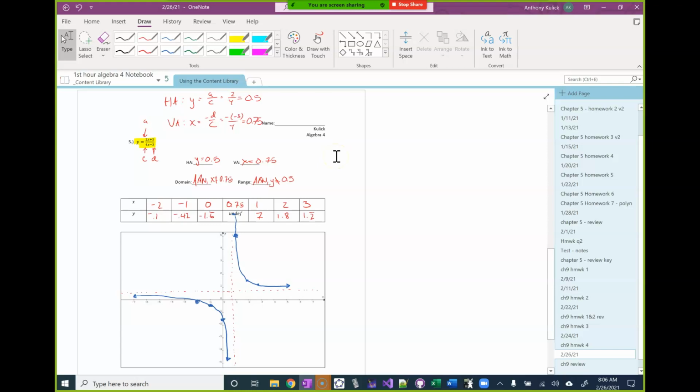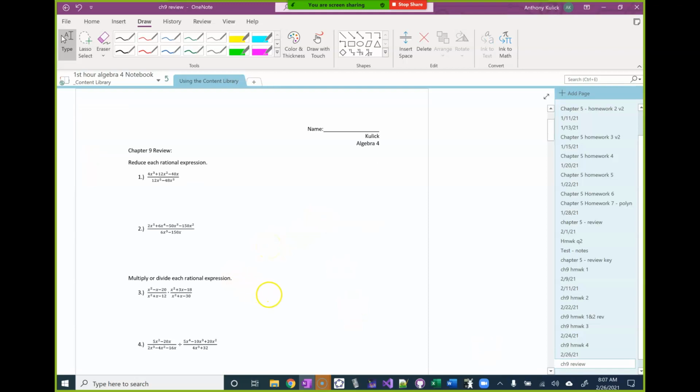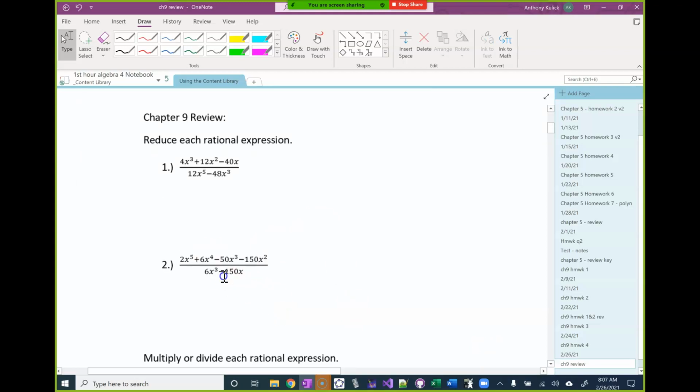So if we go to the content library and you take a look, you'll notice that I've put up the chapter 9 review. And the level of difficulty will be similar. So in the review, I have 2 problems where I ask you to reduce. I have 3 multiplication or division problems. I have 3 addition and subtraction problems.